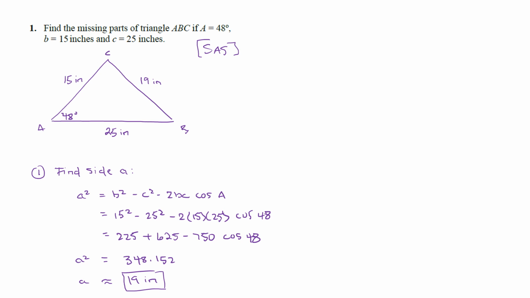So we're actually going to find angle B first because it's the smaller angle. How do I know B is the smaller angle? Well, since the side length B is smaller than the side length C, the angle B will be smaller than the angle C.